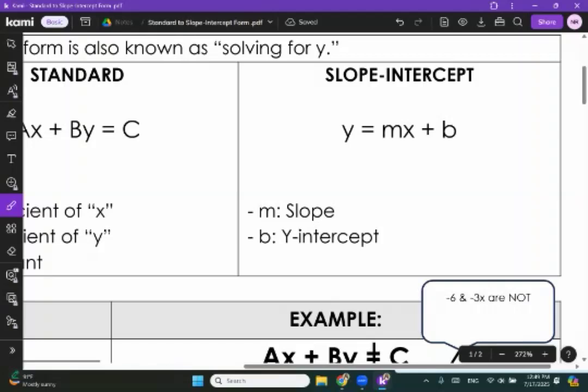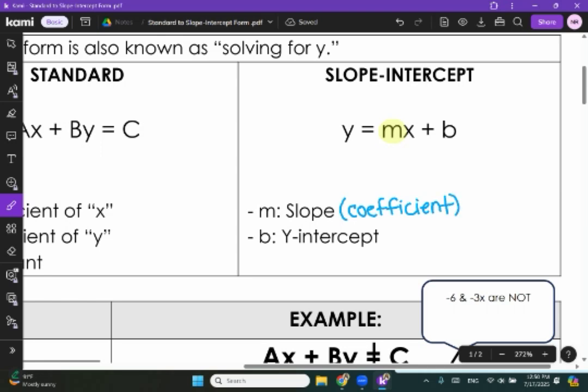Okay. So let's go over slope-intercept form. Slope-intercept form is the formula to be able to find slope. You can also use it to find the y-intercept. You guys have recognized this variable. That variable m represents the slope, and that is a coefficient.